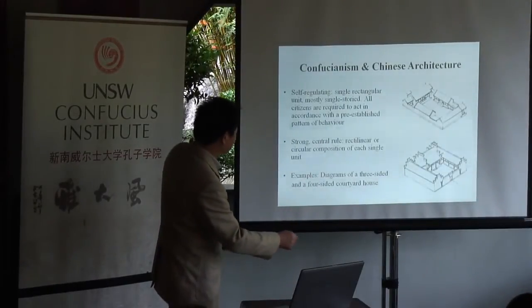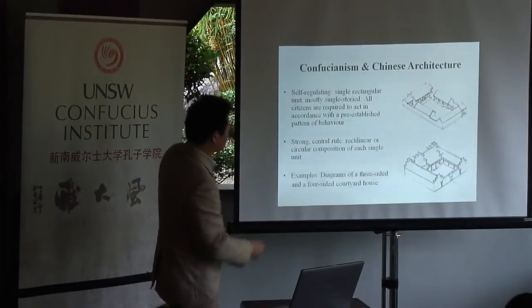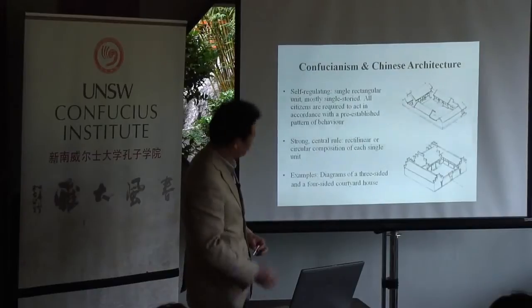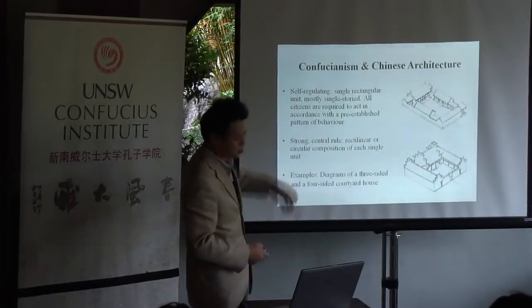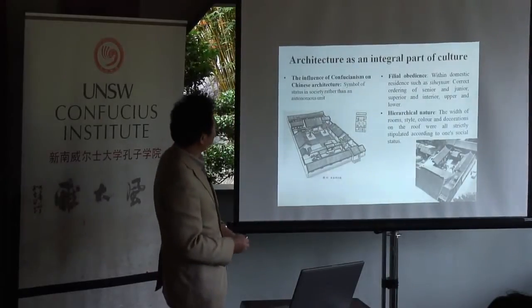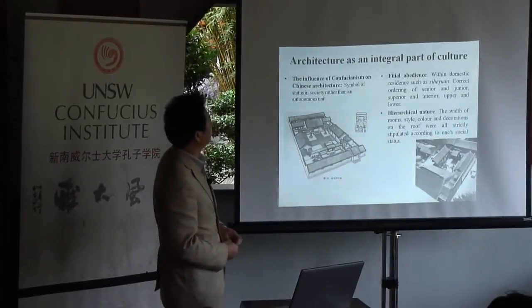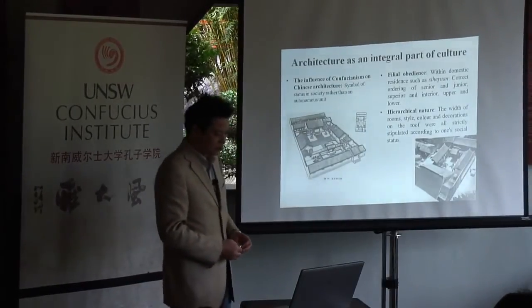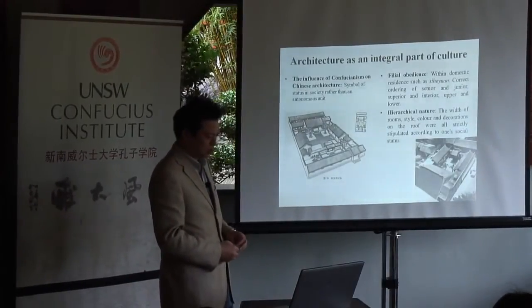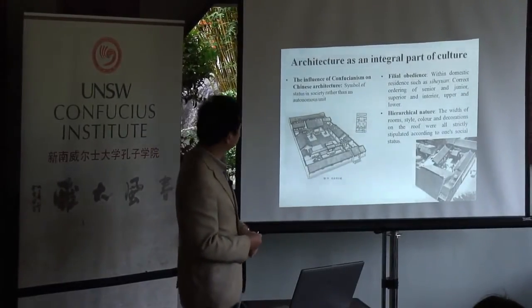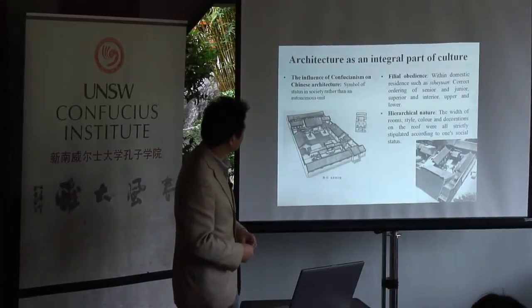Examples are the three-side or four-side courtyard house, sanheyuan and siheyuan, also embodied in Confucianism. Architecture as an integral part of culture. The influence of Confucianism on Chinese architecture: a symbol of status in society, rather than autonomous units.